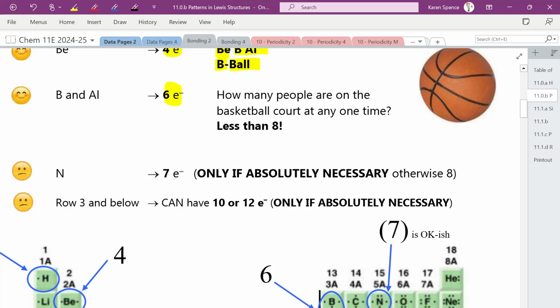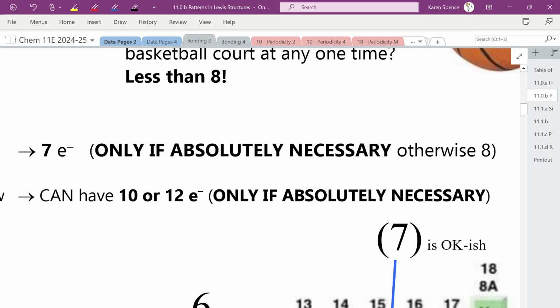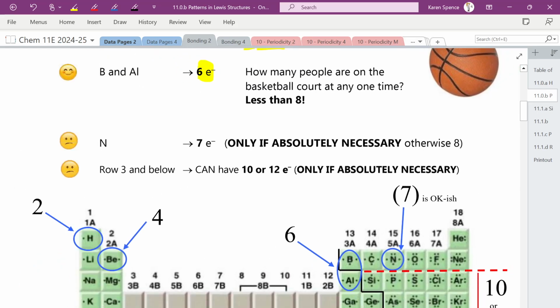You remember I said we're never going to have an unpaired electron. Nitrogen is an exception to that, but only if absolutely necessary. We won't even look at those until after Christmas, so you can just ignore that for now. And finally, in row 3 and below, you can throw in some extra electrons.